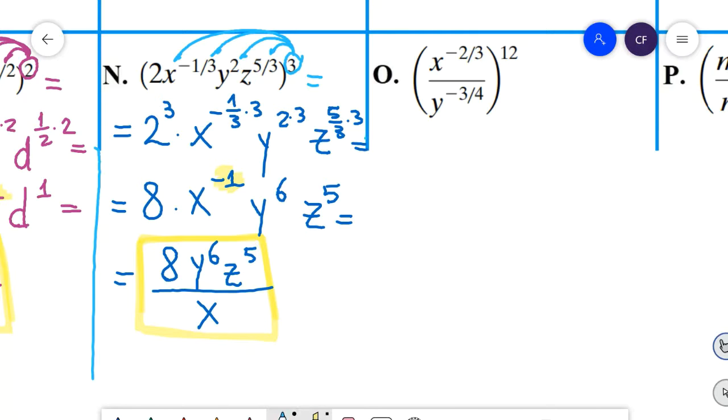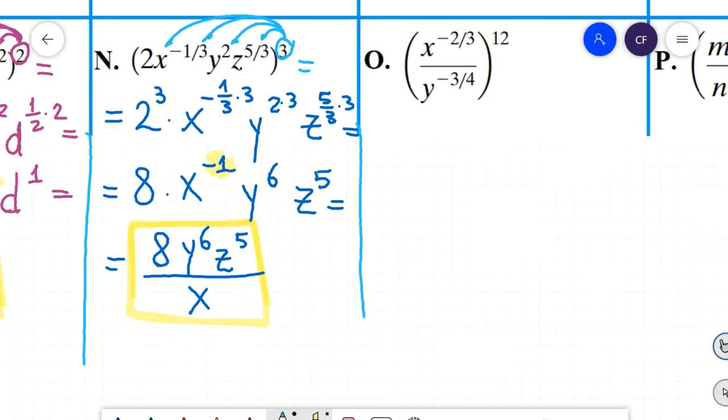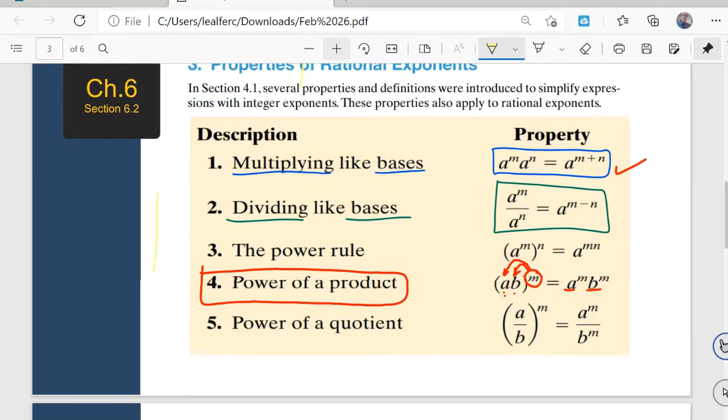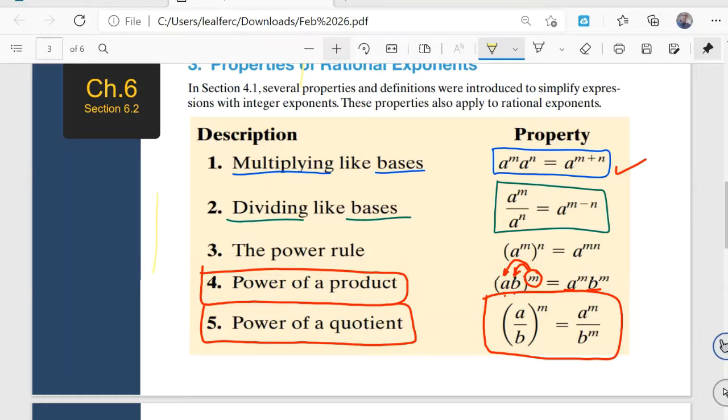Thank you, Kiara. Since I'm here, let me show letter O, which is another situation. You have the other property, which is the power of a quotient, okay? It looks the same thing. You have an exponent, you have to distribute the exponent to the numerator and the denominator.